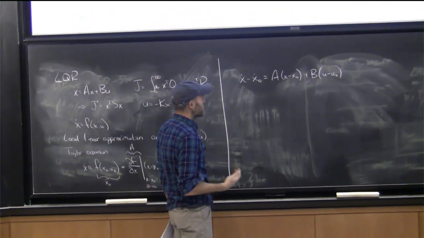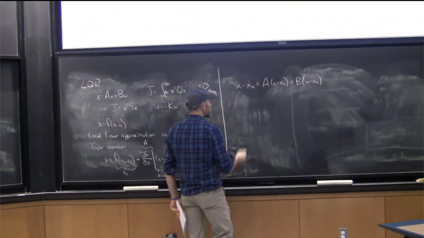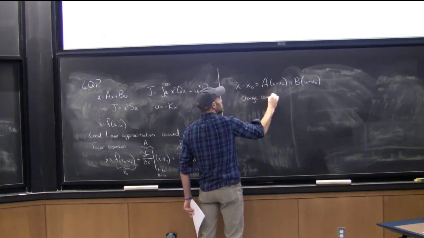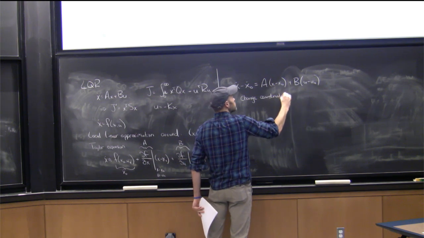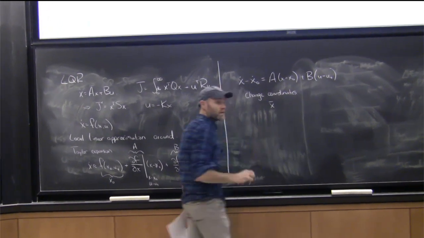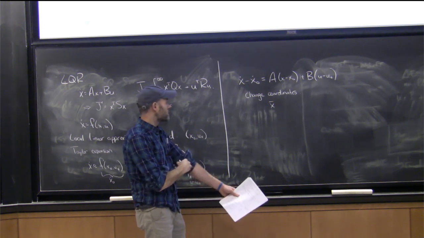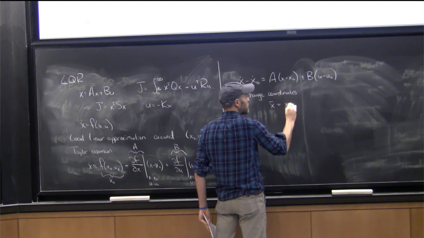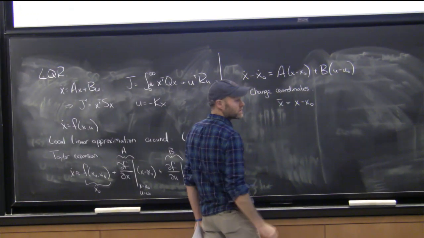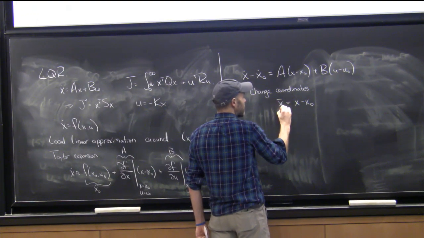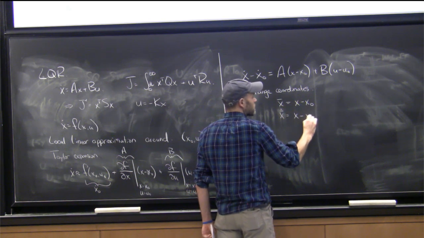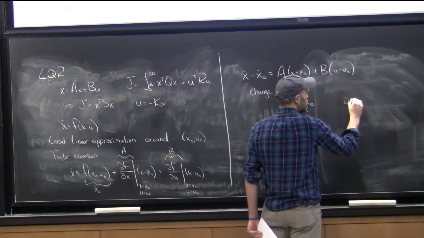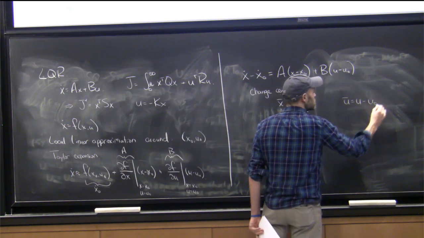So in order to make this into a linear system, we have to change variables, change coordinates. We think of it as the error coordinates, the coordinates relative to your operating point. x bar is now x minus x0, so x bar dot is (x minus x0) dot. u bar equals u minus u0.